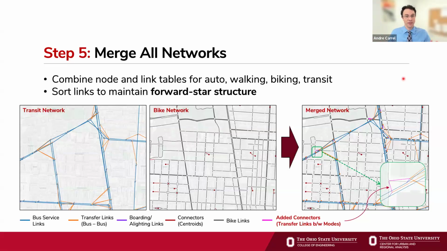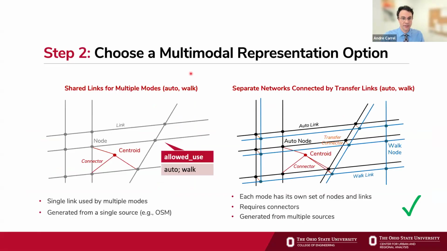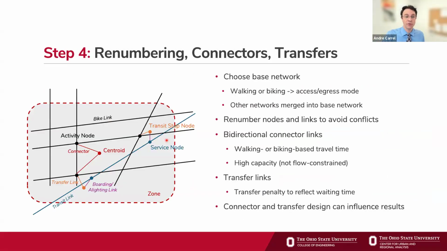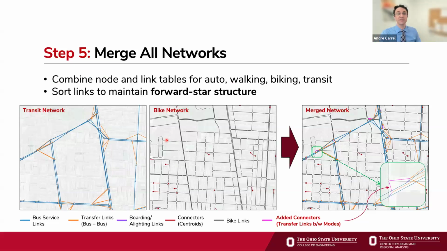So bike to transit would be just integration of bike and transit. Bike and walk would be integration of those two. Now, if one were willing to work a little more with this attribute of the allowed use, that would relax that constraint. But for our case now, we're not doing that, and so those are separate networks de facto.